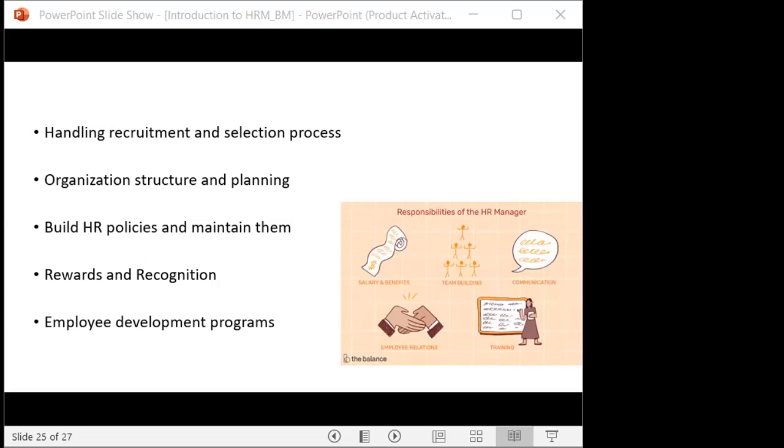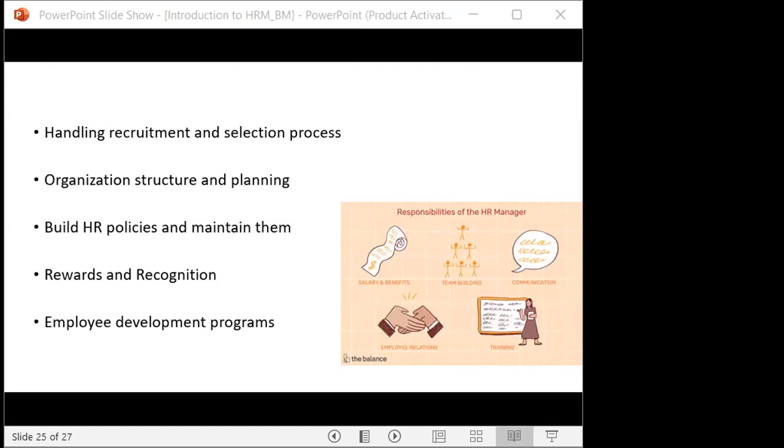As you can remember, when we discussed the roles of a human resource manager, we discussed the executive role, maintenance role, monitoring role. All these covered HR policies and procedures. So building up HR policies and procedures is one of the main responsibilities of an HR manager.